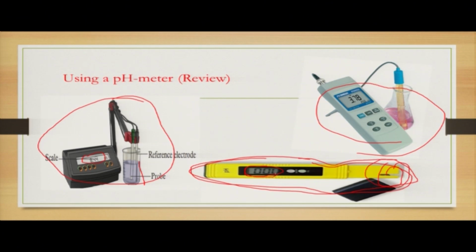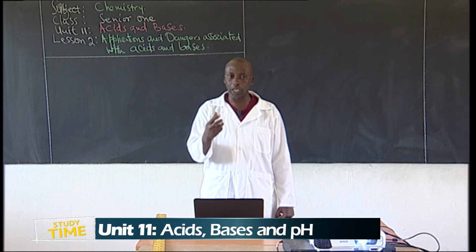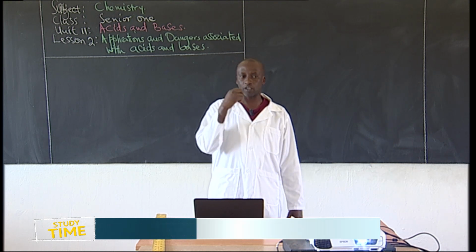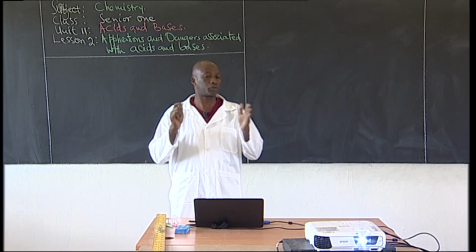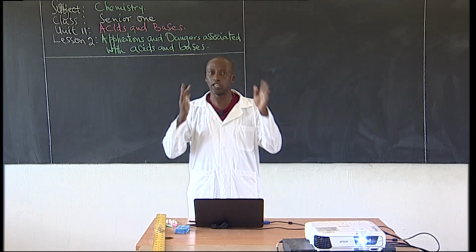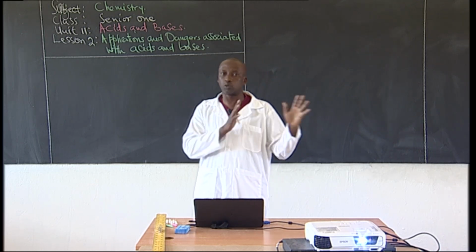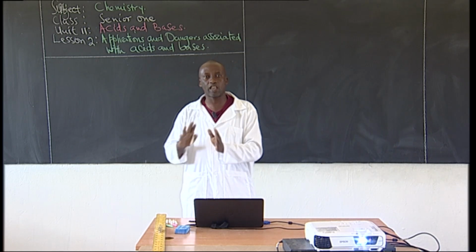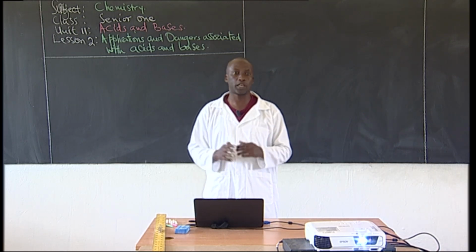That indicates that if the pH meter is inserted into the solution, it will measure the pH, indicating the value, whether it is 3, 7, or 8, but the values range from 0 up to 14. That is very important to note. Between 0 and 7, that is acidic. Between 7 and 14, that is basic, which also varies depending on the value.